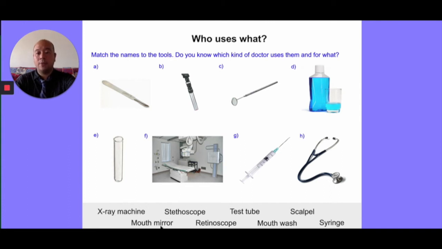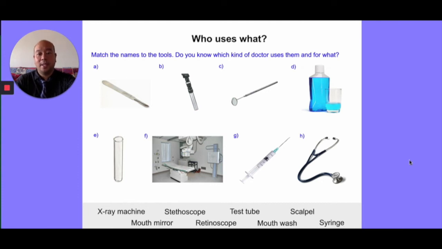Next, mouth mirror. Stethoscope. Retinoscope. Test tube. Mouthwash. Scalpel. And syringe.